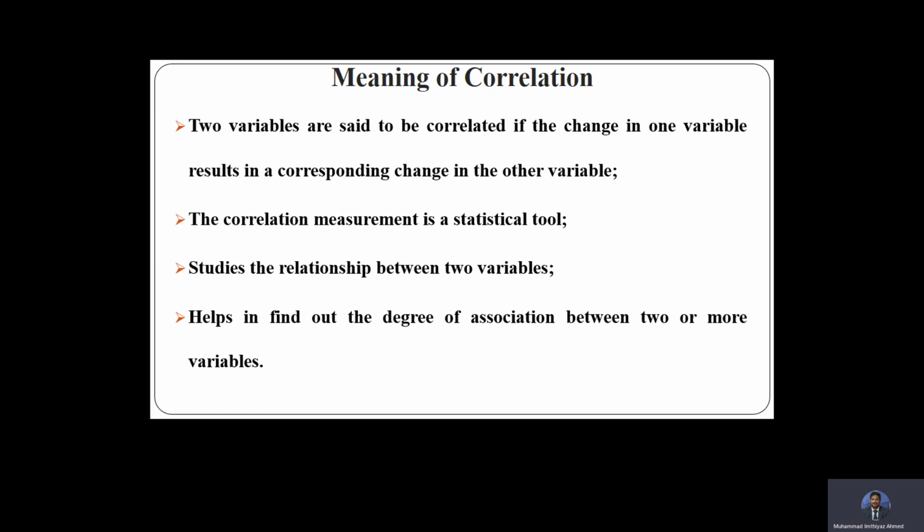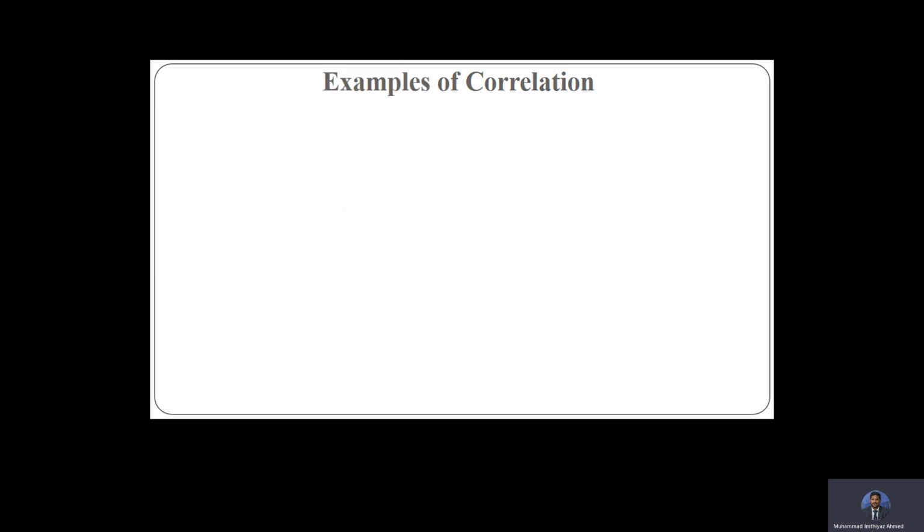So what is the association? Whether it is positively connected or not, or it has a negative impact. That is the main reason we are studying correlation. Now you can see the war between Russia and Ukraine. Russia is one variable, Ukraine is another variable. Why is there war? There is no understanding.